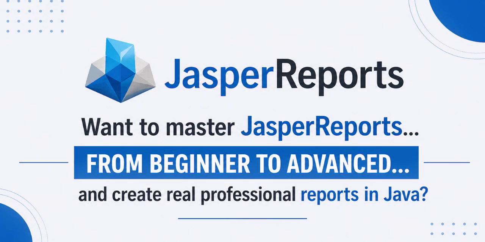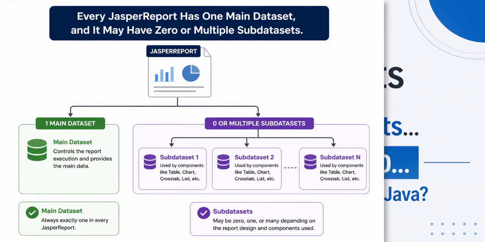As we mentioned, every Jasper report has one main dataset and it may have 0 or multiple sub datasets. The main dataset controls the report execution. It determines how many times the report bands, especially the detail band, are processed.